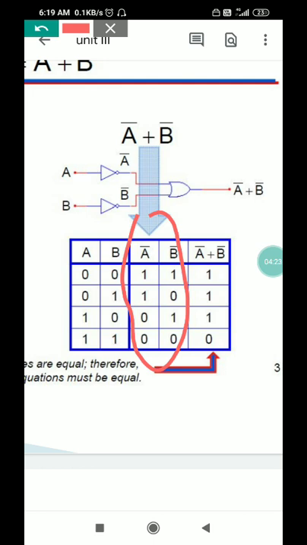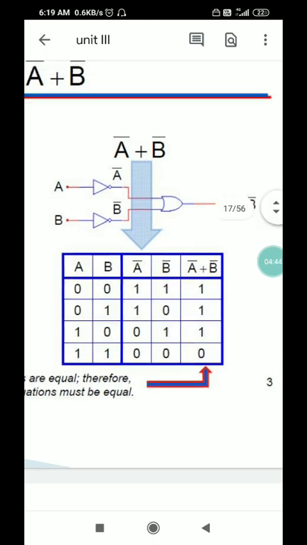Therefore we have this one, rows and columns. Only this row will produce 0 and the rest of the rows will produce 1 as per the rule. This is how we got the truth table of a bar plus b bar.